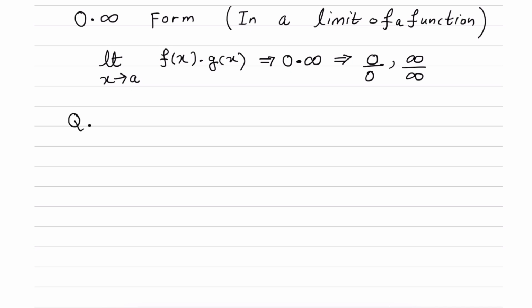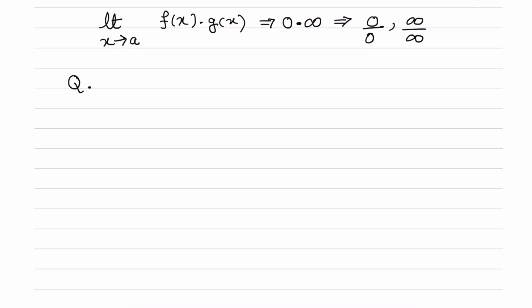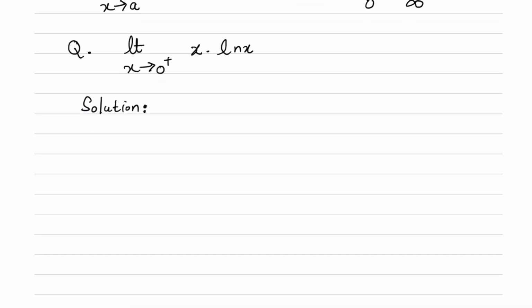We have a question where we have to apply the limit x approaching 0 plus of x into ln x. As every limit question begins by directly applying the limit, here x is approaching 0, so we apply the limit to x into ln x.